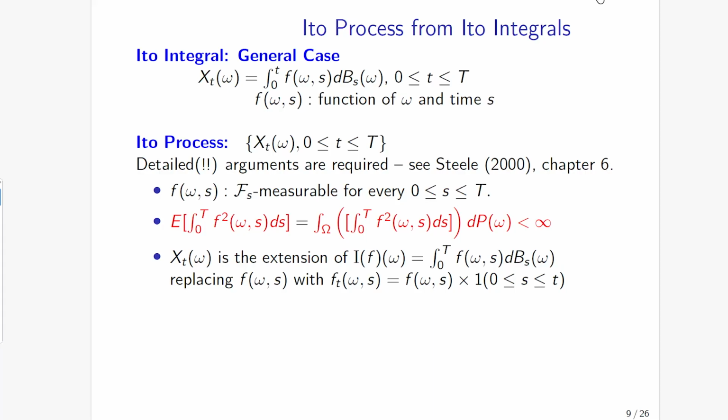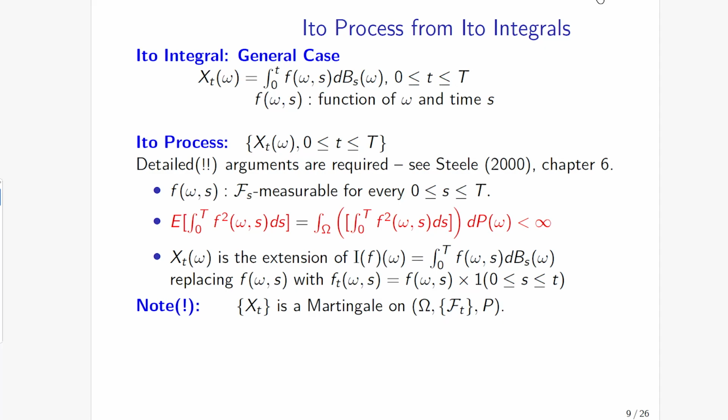We can define this by just replacing the function f in the Ito integral I of f by the function f times the indicator from 0 to t. That step chops off the integration at time little t and gives us our definition.